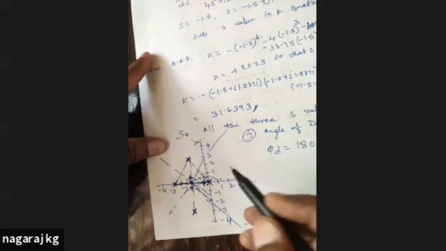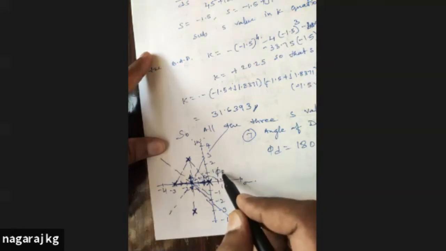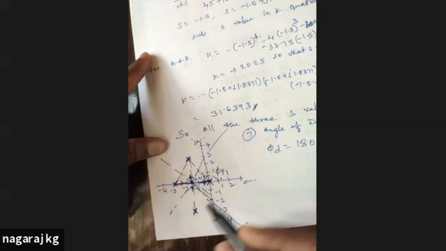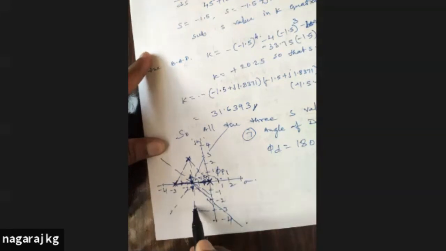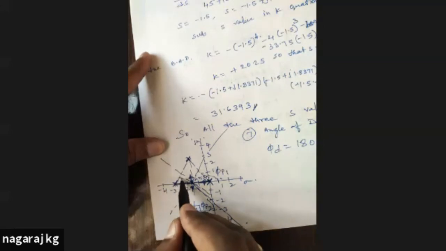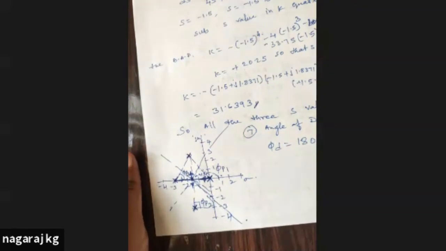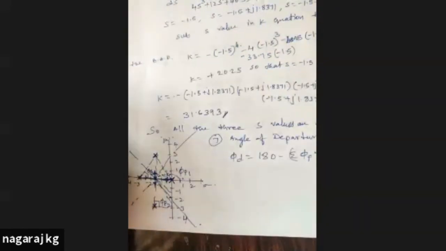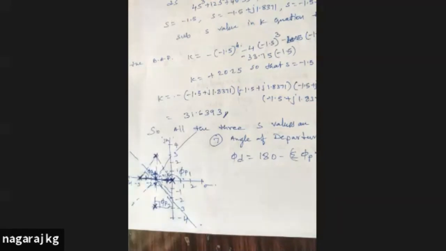Like this, I can call it phi P1. This angle is phi P2, and this angle is phi P3. The imaginary line making an angle with the real axis, you have to find. That is the phi P value. Got my point? So how do you get it?